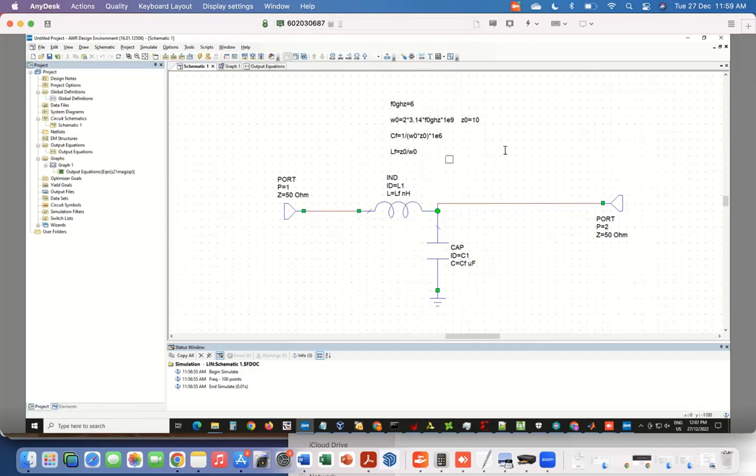We also print the values here. I need this in nanohenry, so 10 to the power 9.